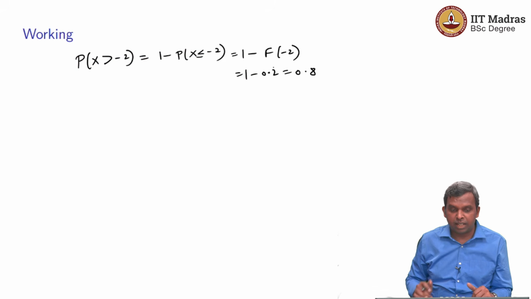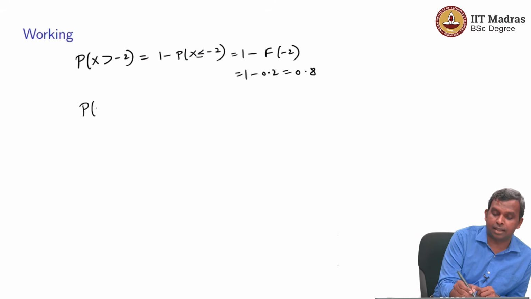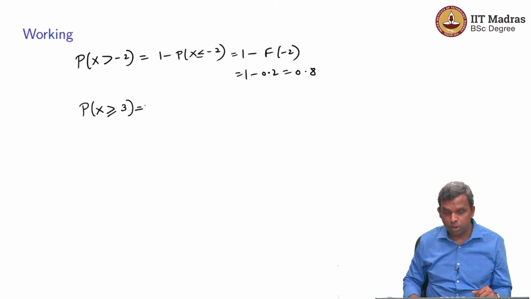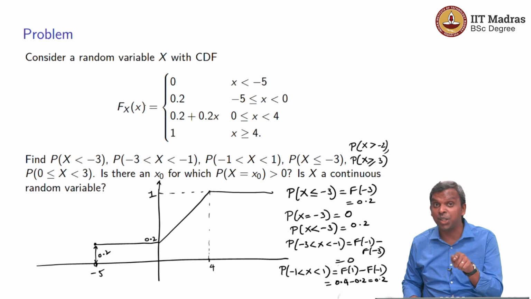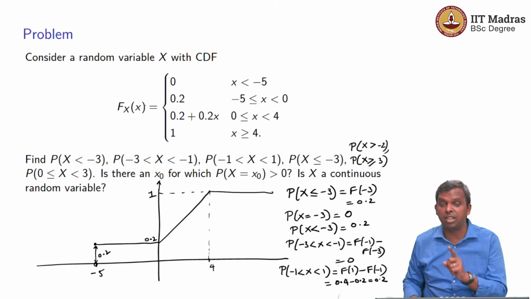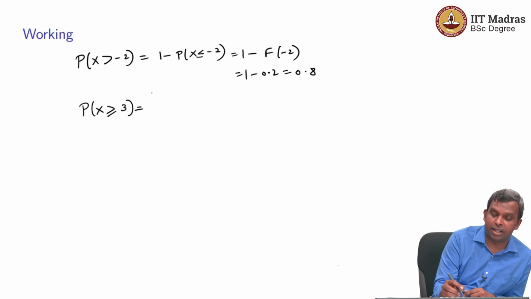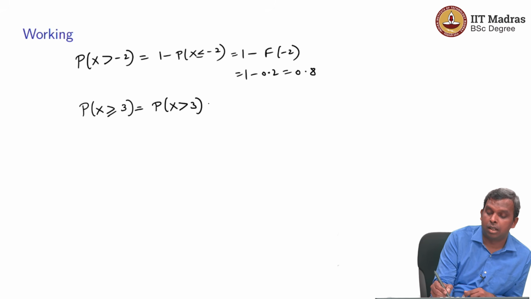The next question is asking for probability that x is greater than or equal to 3. Notice at x equal to 3, it's continuous, so probability that x equals 3 is 0. I might as well write it as probability that x is greater than 3, and that would be 1 minus probability that x is less than or equal to 3.